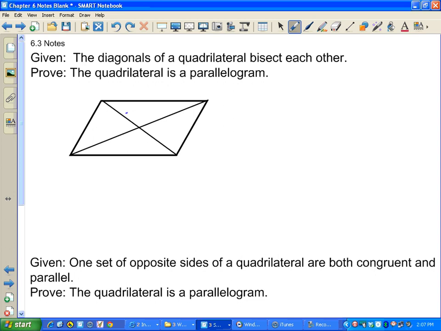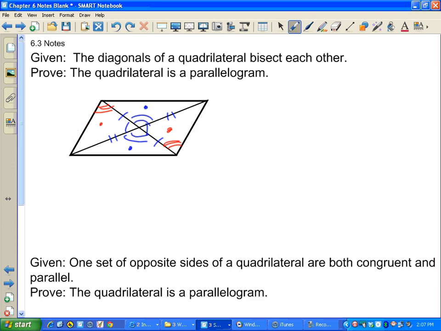So if these diagonals are bisecting each other, I know these two parts are the same and these are the same. I'm going to have some vertical angles here. So if you can see, I'm going to have this triangle congruent to this one, and this triangle congruent to this one by side angle side in both cases, which is going to allow me to say that this angle is congruent to this one.